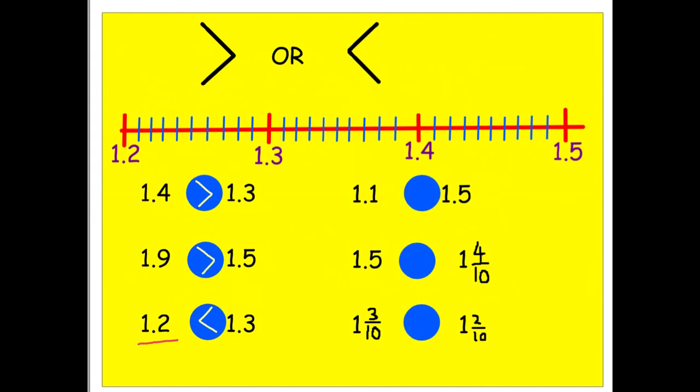Now the questions on the right. 1.1 is less than 1.5. And the final two, we need to do a little bit of converting in our head because you've got a fraction that needs to be turned into a decimal. But 1.5 is greater than 1 4/10. And the final question, 1 3/10 is greater than 1 2/10.